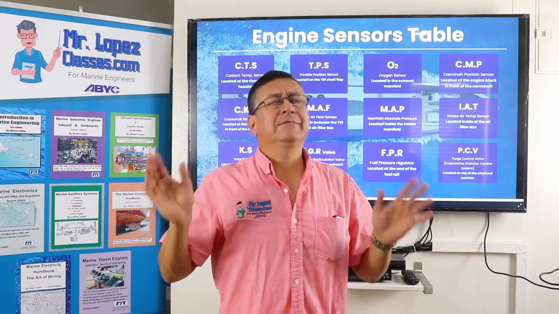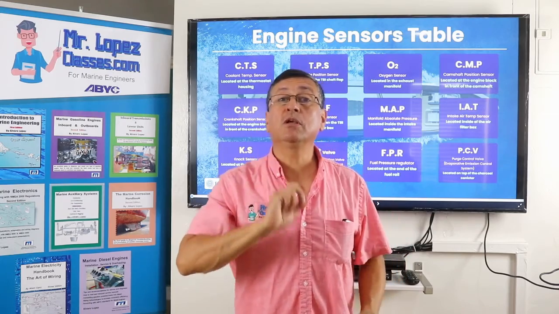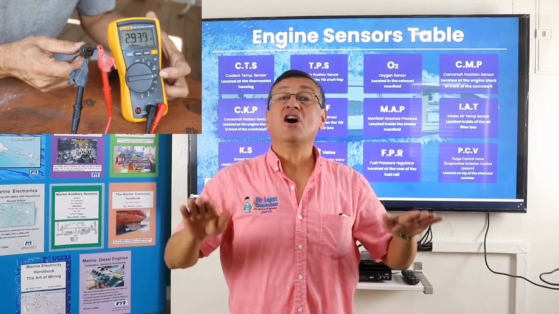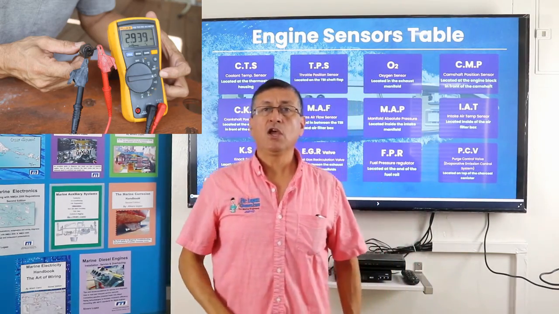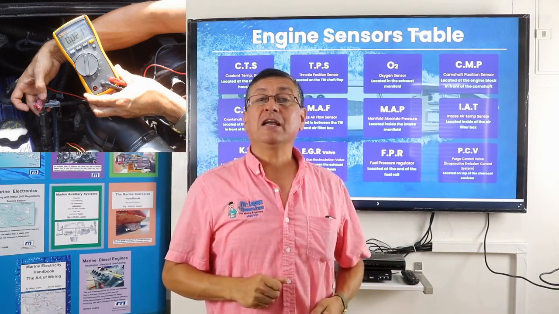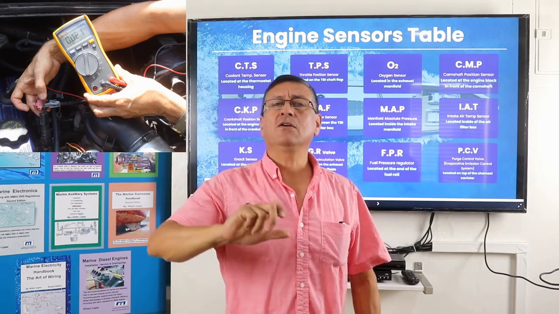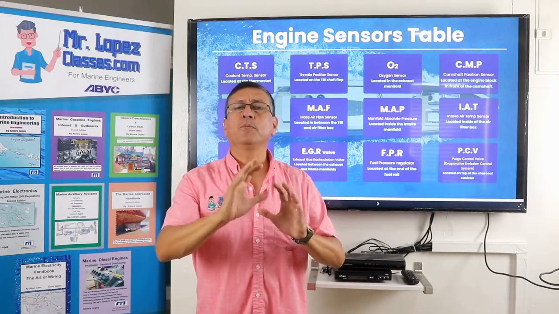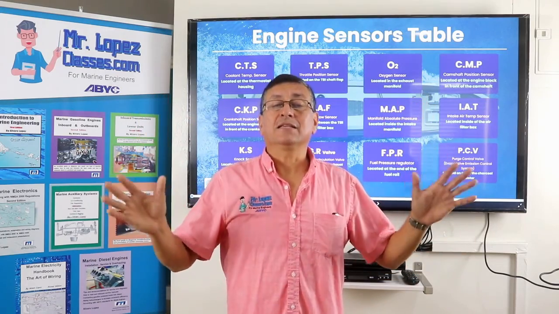We are going to check 2 parameters with the multimeter: ohms, normally when the engine is off and you remove the plug and check ohms in each sensor, or voltage, when the engine is running, you install the adapter and check the voltage at wide open throttle, at idle, in different options. And the procedure is exactly the same.